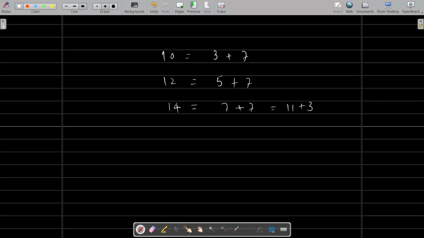As simple as that. So given any even number greater than 4, you can write it as a sum of two odd primes. Okay, sir.